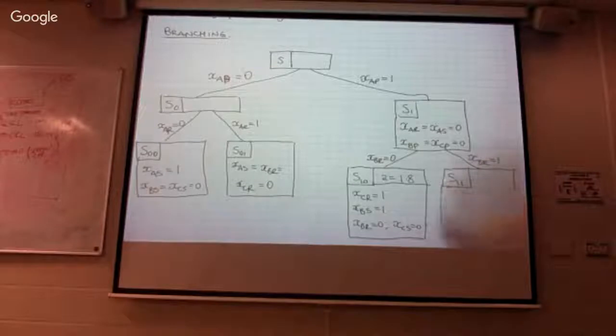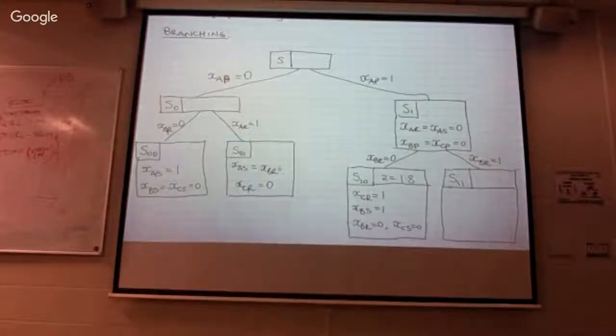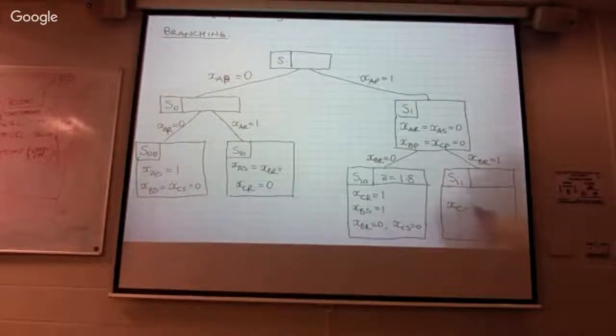And in this case, you can also get the full solution. So XAP is 1, XAR and AS are 0, XBP and CP are 0, XBR is 1, and you also get that XCS has to be 1.